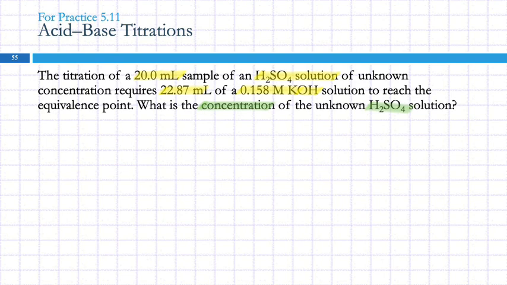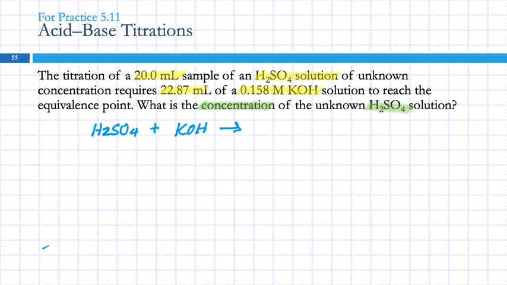So here is one of my reactants, H2SO4, and the other reactant is KOH. And then I need to predict what products are going to form.